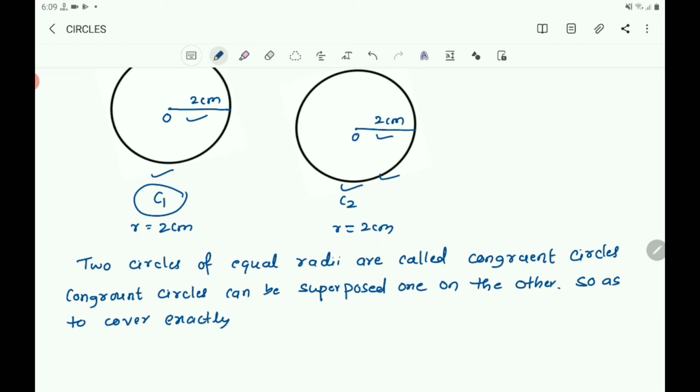Congruent circles can be superposed one on the other so as to cover exactly. It means they have equal radii. Then only do they become congruent circles and coincide with each other.